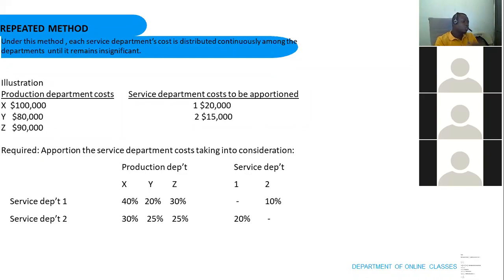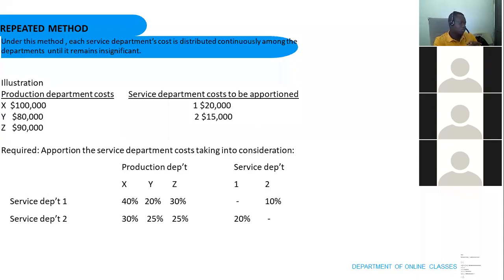We call it reciprocal services. So service department 1 may be rendering service to service department 2, and service department 2 may also be rendering service to service department 1. It is known as reciprocal services, and all we are doing here can be seen on page 174 of your textbook.